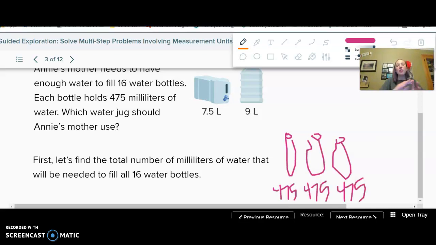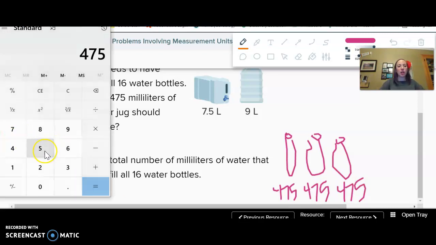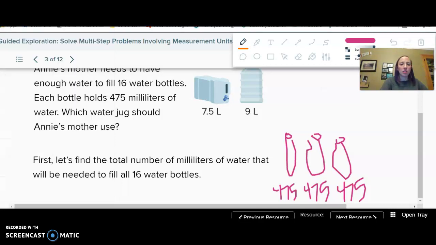So then how can I find the total for all 16? Well, I can multiply because I'm repeating 475 16 times. So we know we need 7,600 milliliters, right? So that's 7,600. We're still in milliliters because that's what the 475 was in.